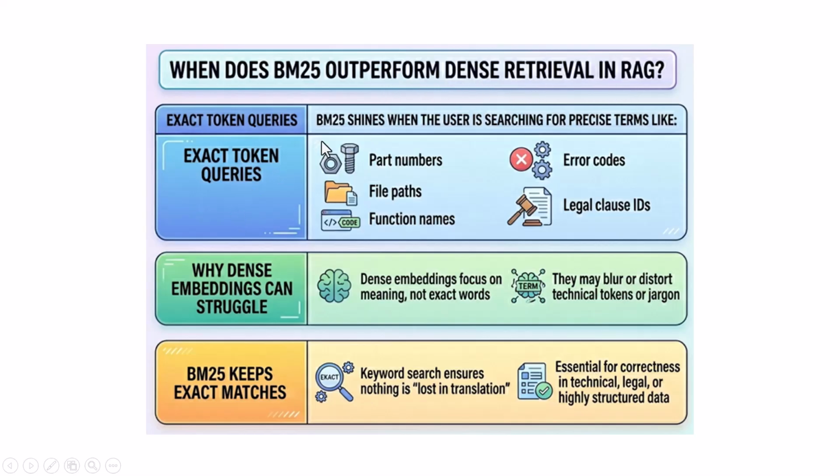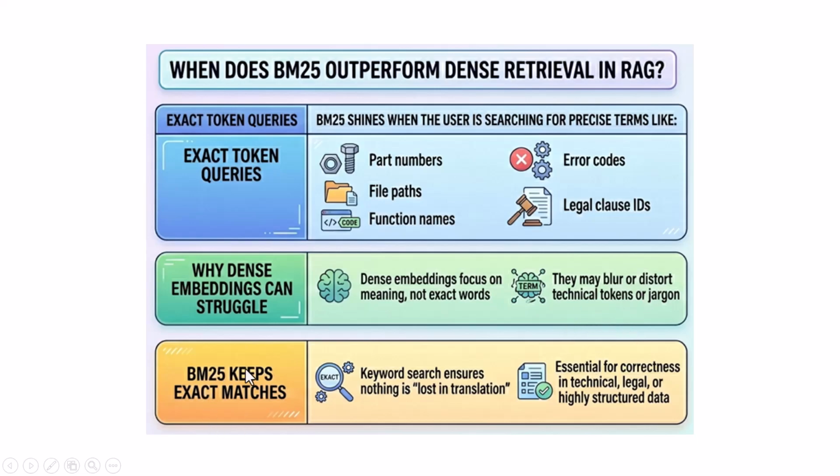Now let's understand, when does BM25 sparse retrieval outperform dense retrieval in RAG? BM25 shines when the user's query contains exact tokens, that is, when the user is searching for precise terms like part numbers, file paths, function names, error codes, and legal clause IDs. Dense embeddings can struggle in this scenario because they focus on meaning but not exact words, and they may blur or distort technical tokens or jargon.